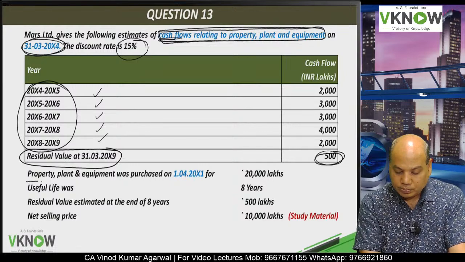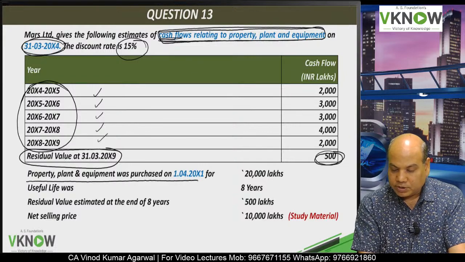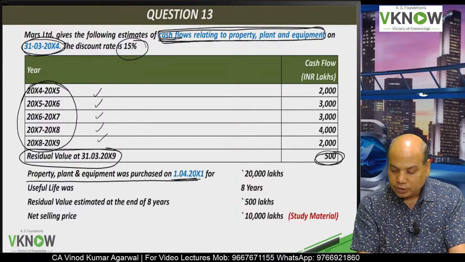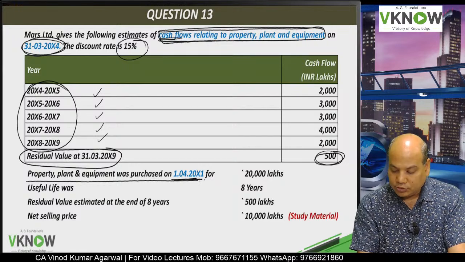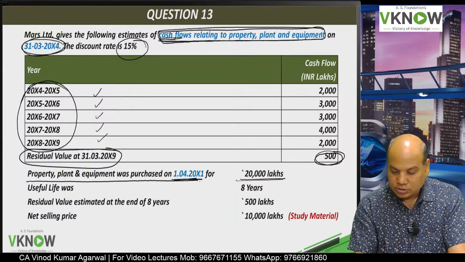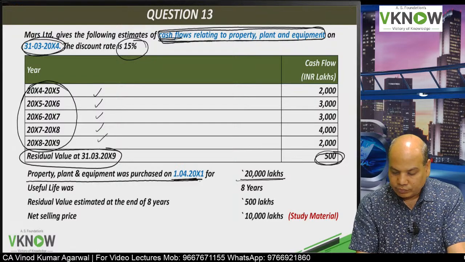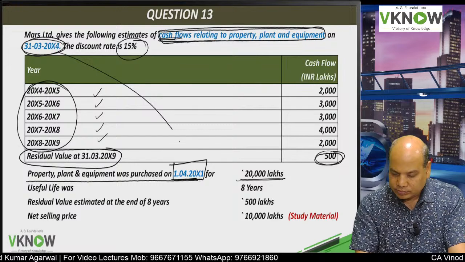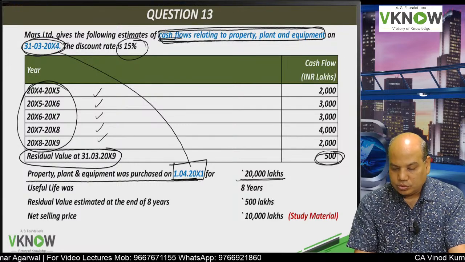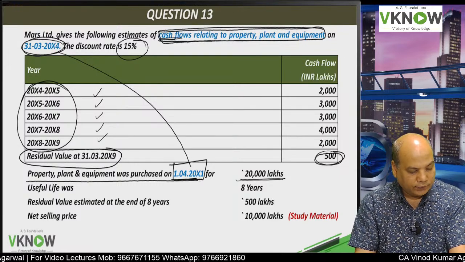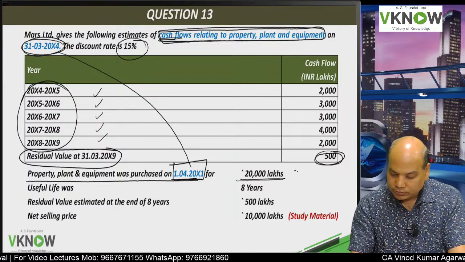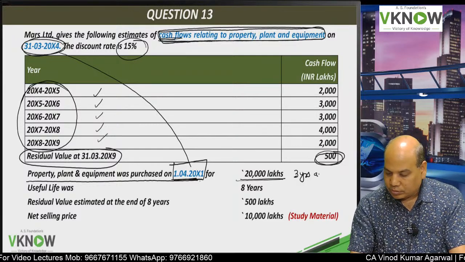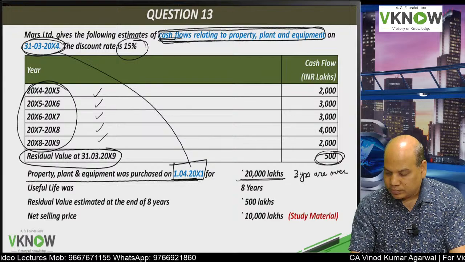Property, plant and equipment was purchased on 1/4/20x1 for rupees 20,000 lakhs. So how many years are over? 20x2, 20x3, 20x4. 3 years are over.